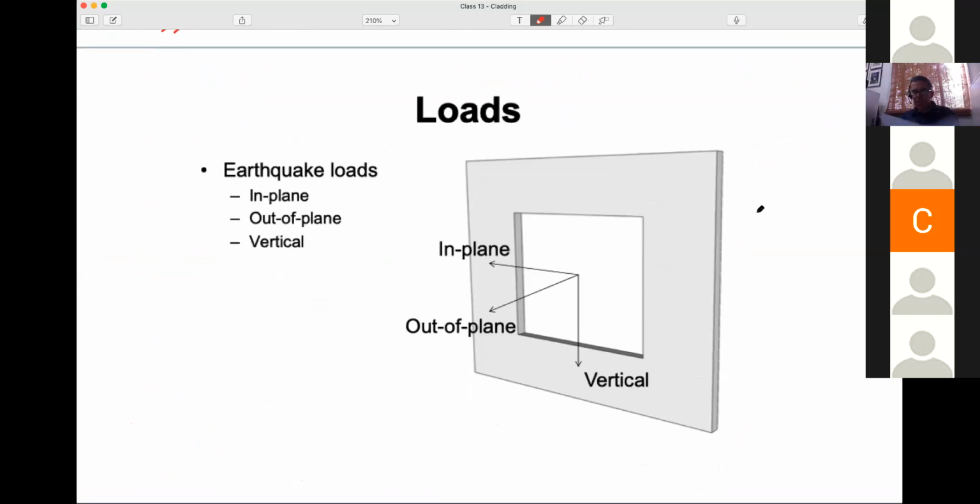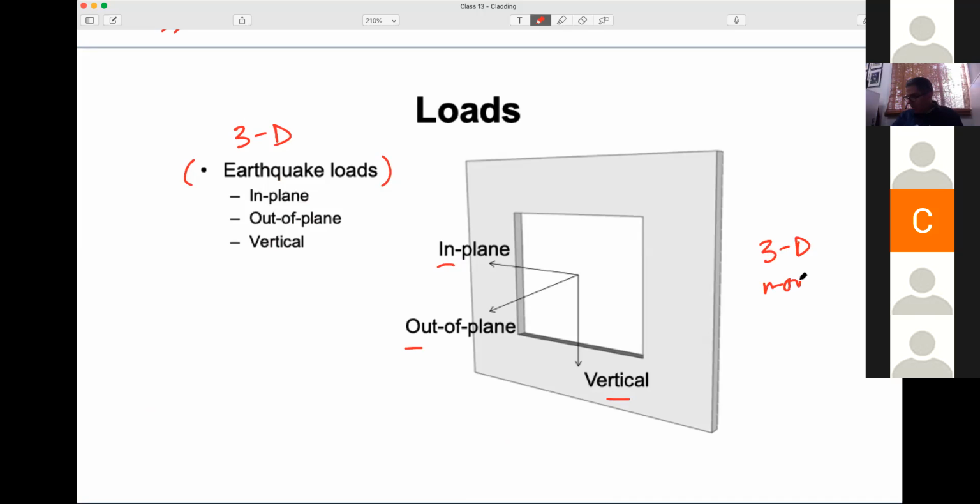So I'm going to go technical for just a little bit, and go kind of quickly. This is more from an appreciation point of view. Now, earthquake loads occur in a 3D problem: in plane, out of plane, and in the vertical direction.